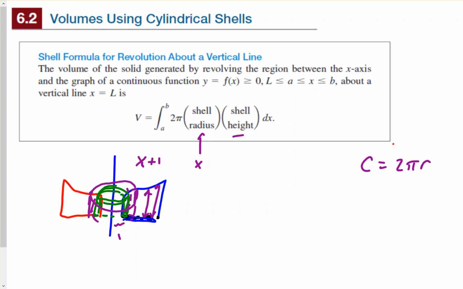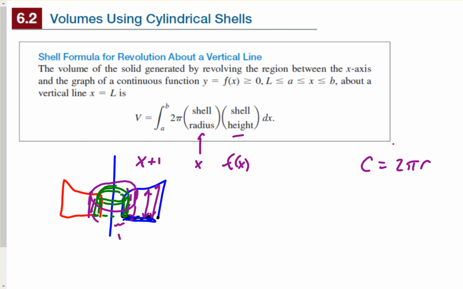And then the shell height would be given by our f of x. Okay, this is the basic formula: the integral from a to b of 2 pi r times the height with respect to x.